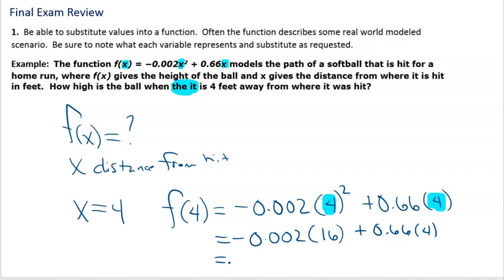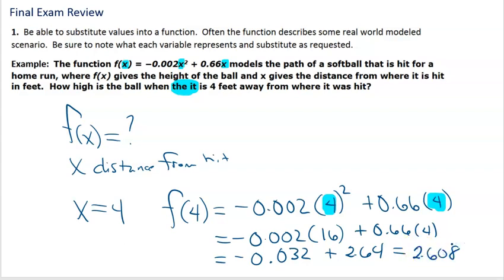So negative 0.002 times 16 gives me negative 0.032, plus, again, I'm going in extreme detail here, 0.66 times 4 gives me 2.64, and when I add those values together, I get the height: negative 0.032 plus 2.64 gives me 2.608.